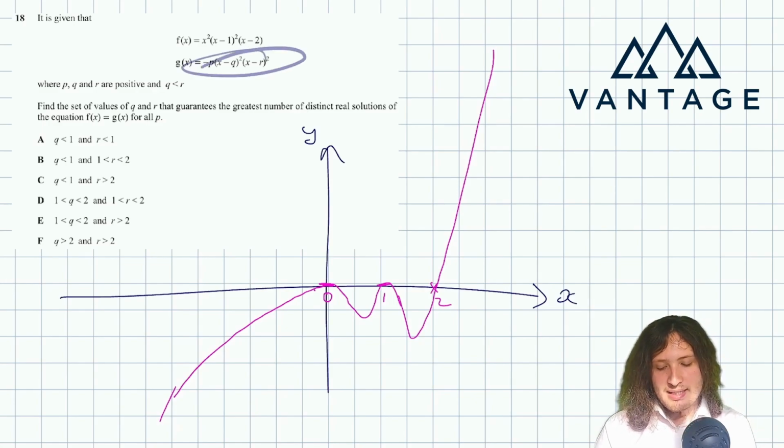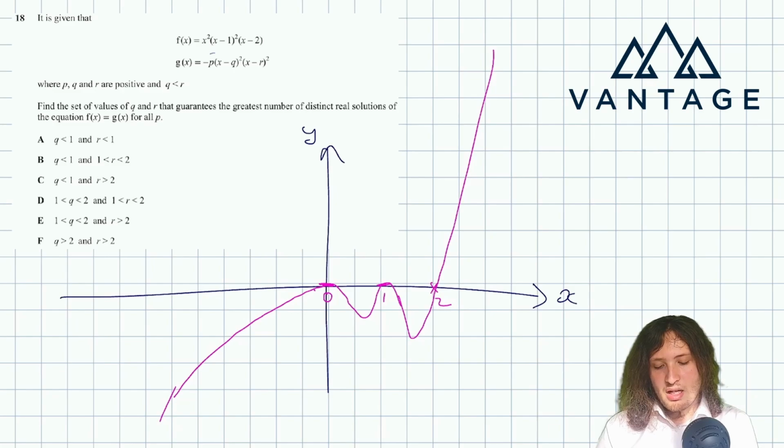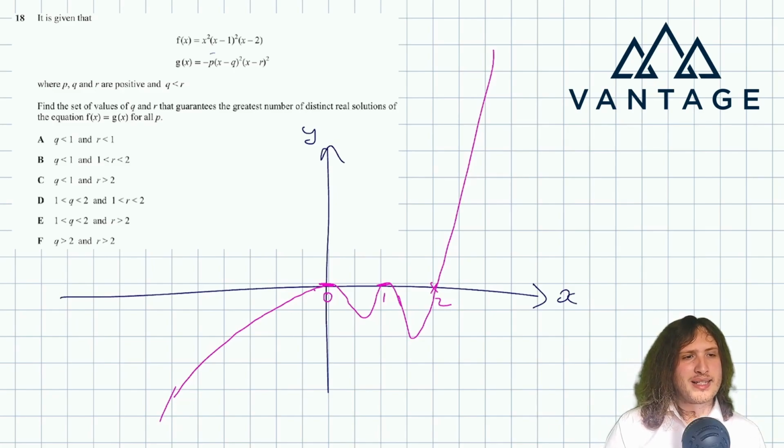Now, what about this? So this is a positive quartic, and it touches at q and at r. So how can I make sure I have as many solutions as possible? Well, in fact, sorry, it's a negative quartic because of minus p is positive. So we know it's got to go down to negative infinity when x gets really big in a positive or negative sense.